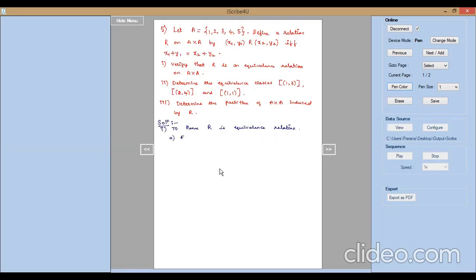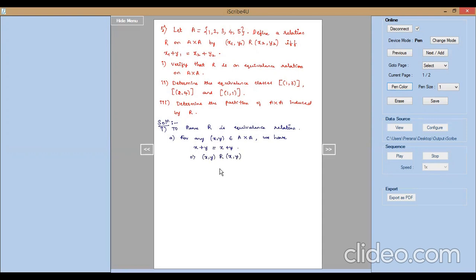So for any (x, y) belonging to A cross A, we have x plus y is equal to x plus y. This says that (x, y) is related to (x, y).